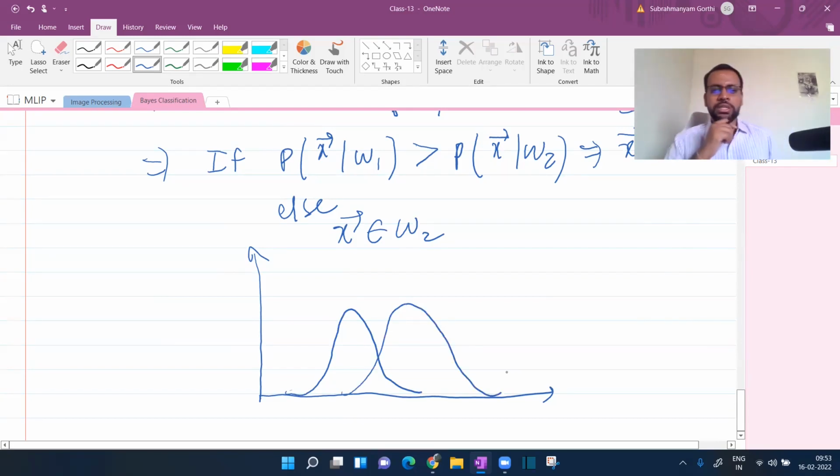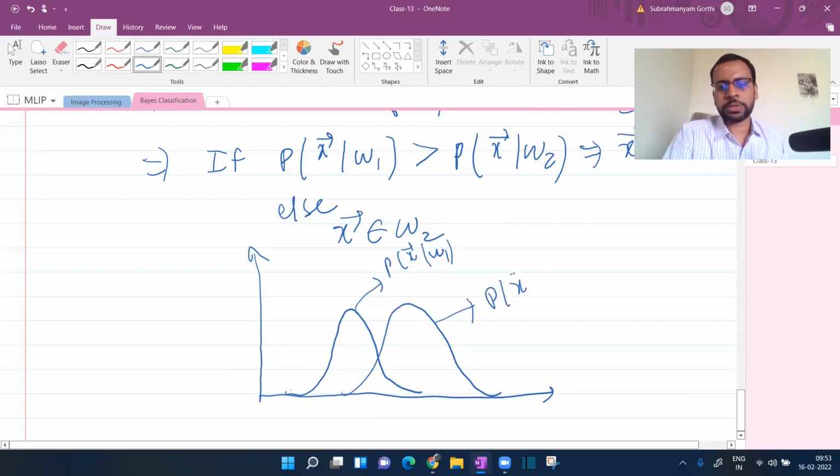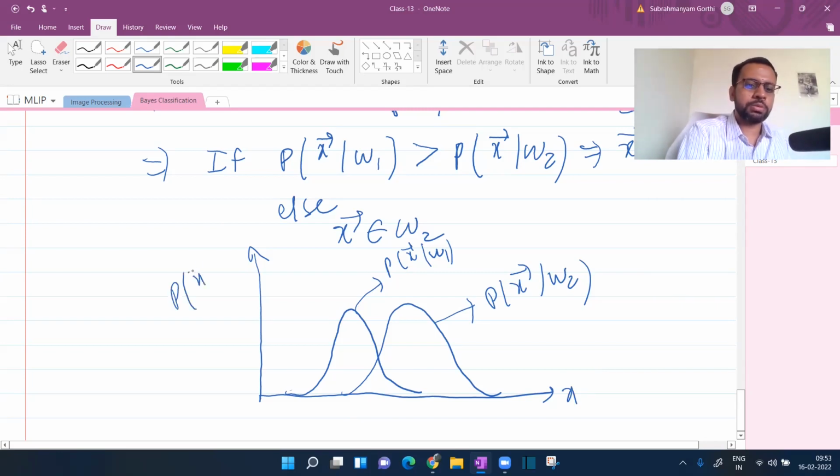Just assume that these are the two graphs or distributions that I got: this is for probability of x bar given omega 1, and this is for probability of x bar given omega 2. My x-axis is x bar, and my y-axis is probability of x bar given omega.